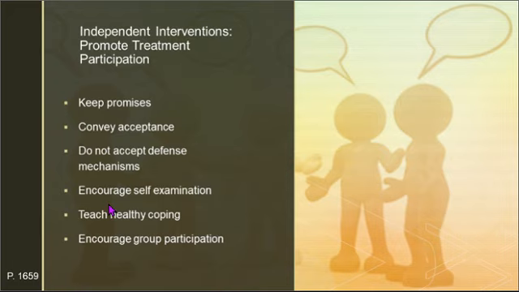Help patients learn more healthy ways of coping, encourage patient participation in therapeutic group activities such as 12-step support groups, also work-related assistance, EAP, employee assistance programs. Peer feedback is often more acceptable than feedback from authority figures. That's where having a sponsor in these 12-step groups is really helpful.